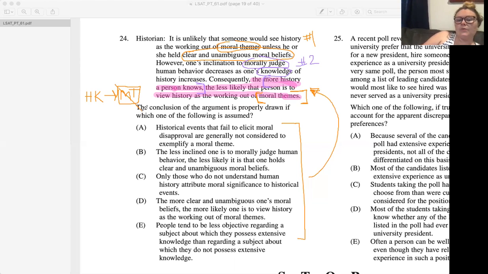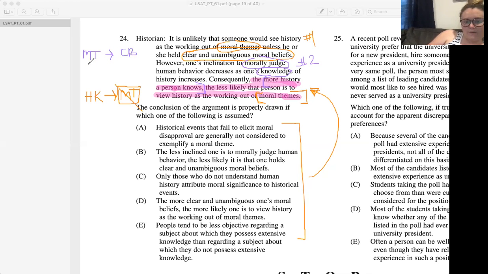Now let's start with stimulus number 1. How would we diagram this one? It is unlikely that someone would see history as the working out of moral themes unless he or she held clear and unambiguous moral beliefs. So essentially, if we have moral beliefs, then we must have clear beliefs. And what would the contrapositive of that be?